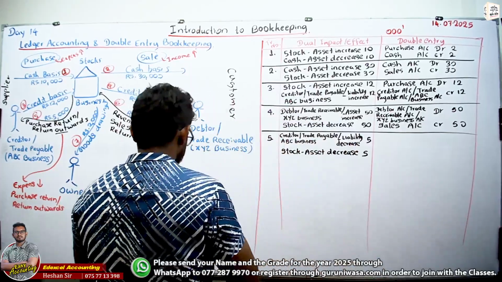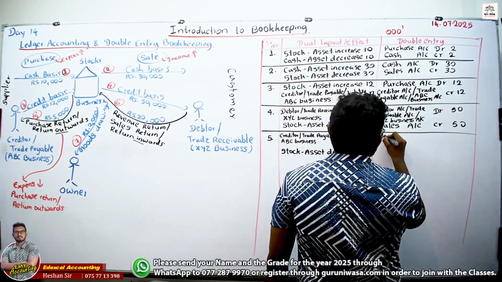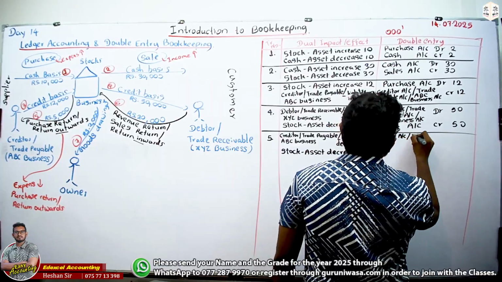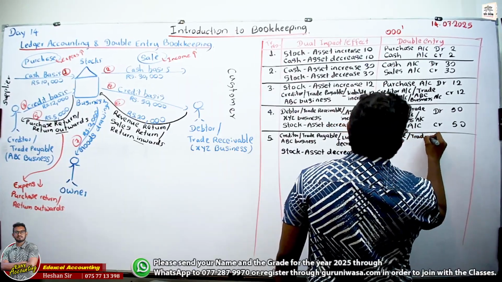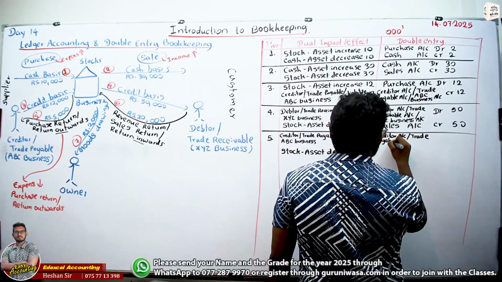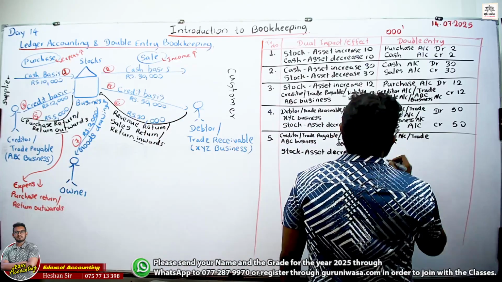But you know, creditor account or another word, trade payable account. Why? When we return the credit purchases, our liability decrease.